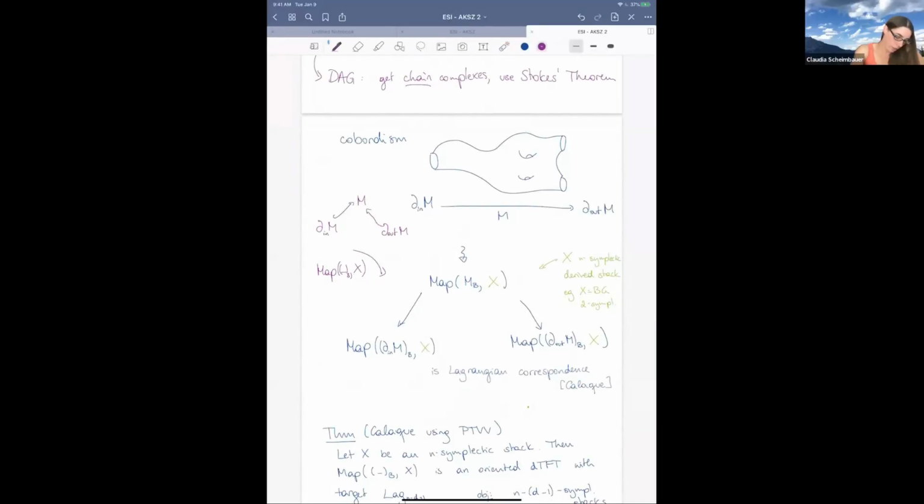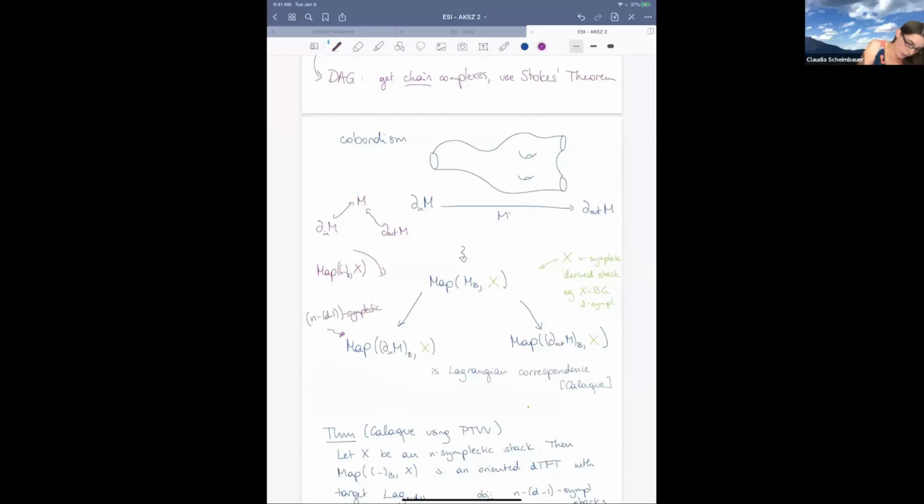Right, so there are several parts of the statement. The first part is that this here is symplectic, as you said, and now I have to get the dimensions right. N minus d minus 1 symplectic.